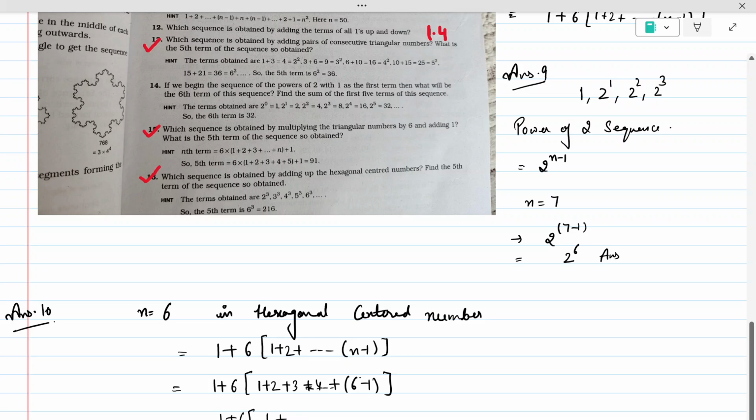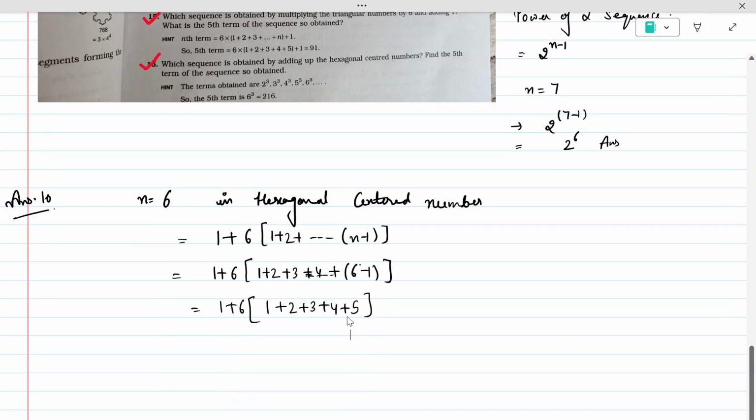So we have to write this till 5: 1 plus 2 plus 3 plus 4 plus 5. Okay. And what is that? 5 plus 4 is 9, plus 3 is 12, 13, 14, 15. This sum is 15. 15 multiplied by 6 is 90, plus 1 is 91. This is the sixth term of the hexagonal centered number sequence.